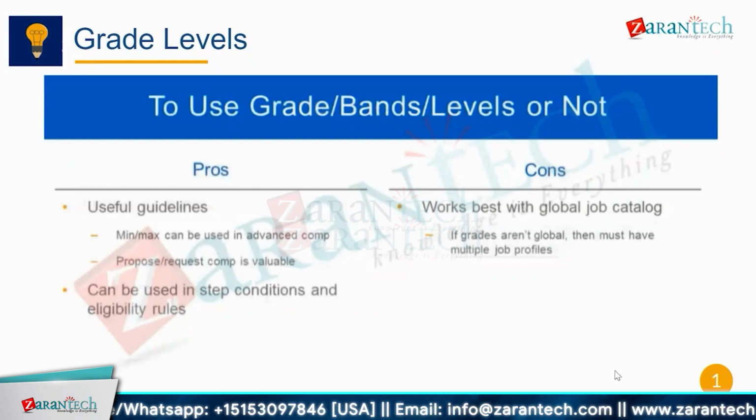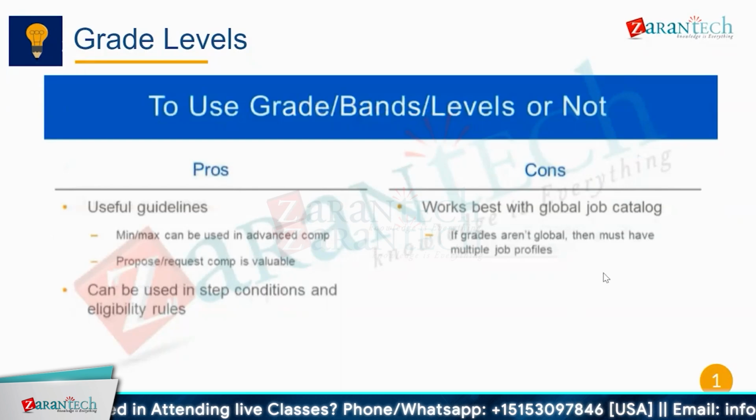But the cons are that if it's a global job catalog and your grades aren't global, then you have to have multiple job profiles. Because you don't get to put the zone one, zone two, I need to create a job profile for every specific location.